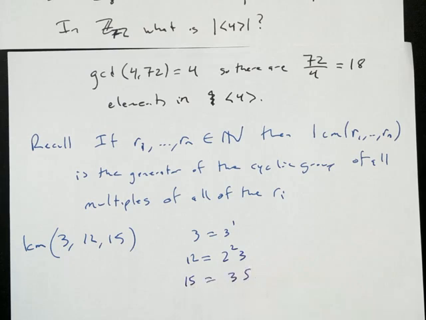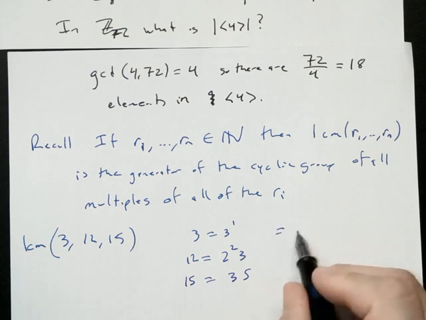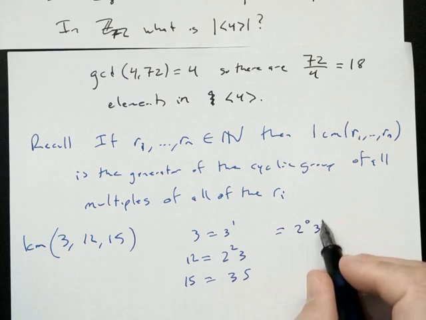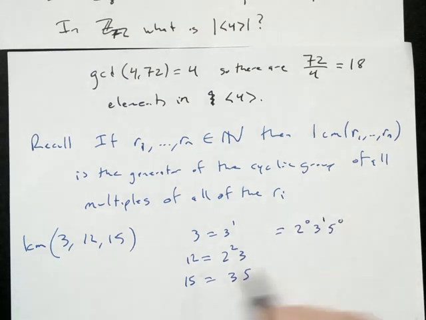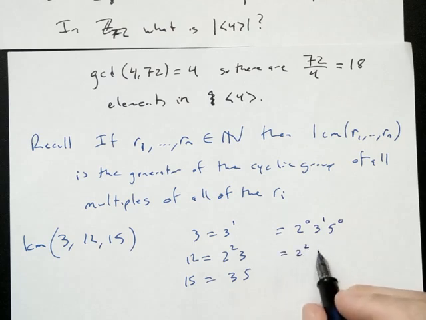Now I'm going to write them all with all of the primes. So this is 2 to the 0, 3 to the first, 5 to the 0. And this one is 2 squared, 3 to the first, 5 to the 0. And this is 2 to the 0, 3 to the 1, 5 to the 1.